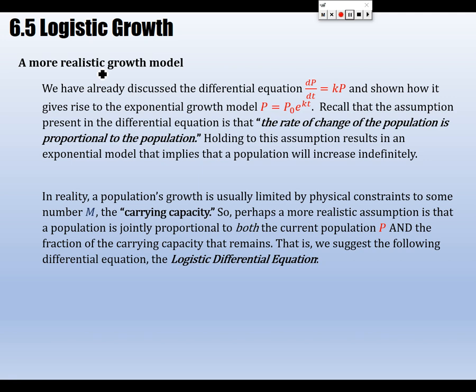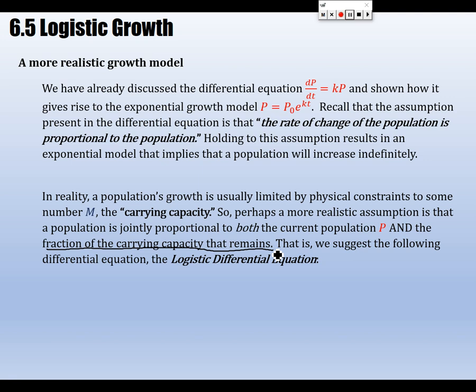Can someone say what we mean by carrying capacity? Maybe we can just read. By carrying capacity, we mean some limiting factor. We have some media that the bacteria are growing in, and that's their food source, right? And that can only support a certain number of bacteria.